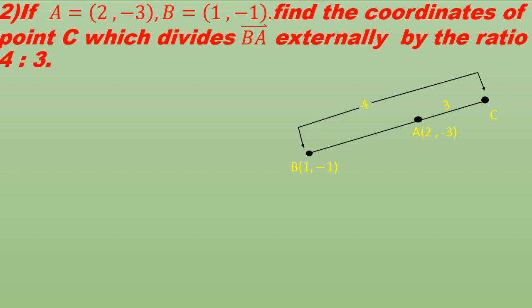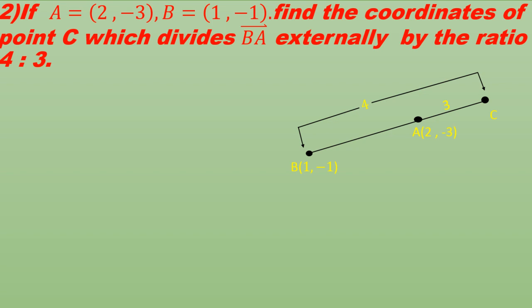Draw it. I have line segment BA, B (1, negative 1) and A (2, negative 3), and C externally on BA. The ratio between them is 4 to 3.